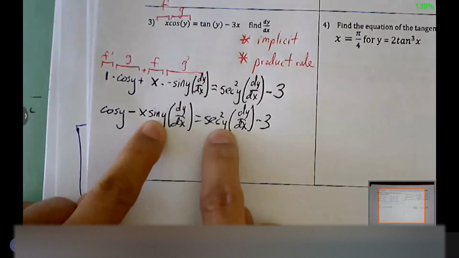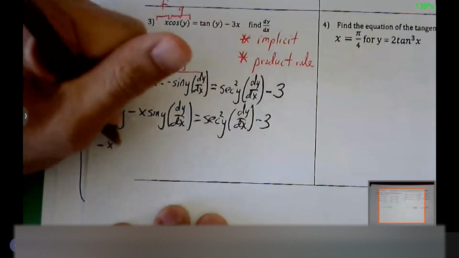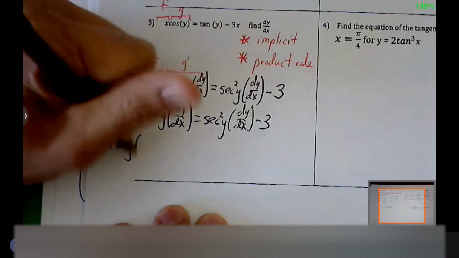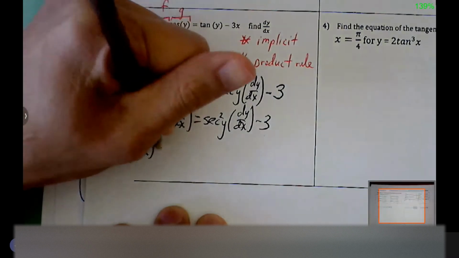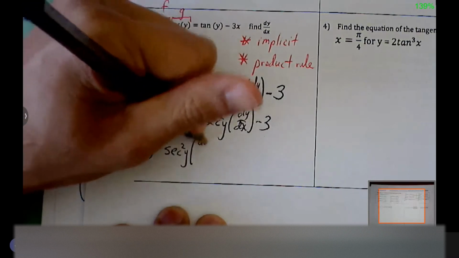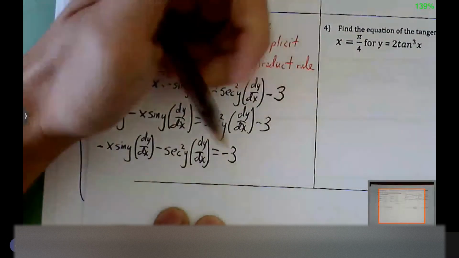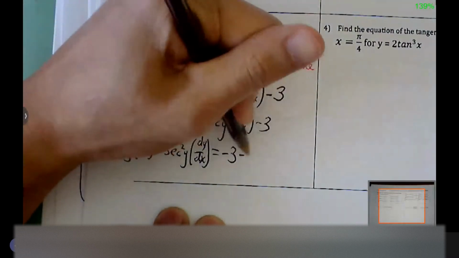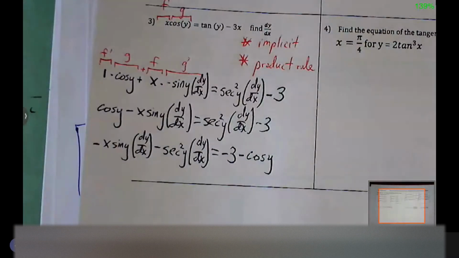I'll get these two terms on the same side of the equation so I can take out that factor of dy/dx. Factor dy/dx out.